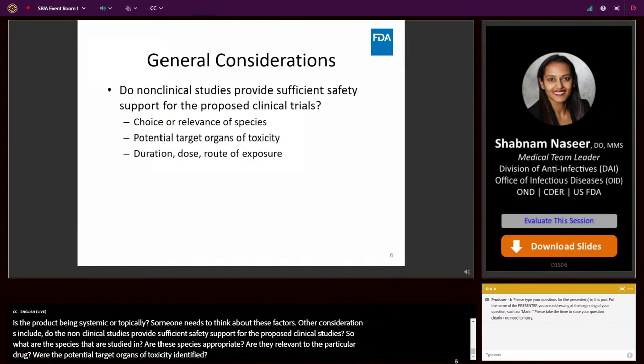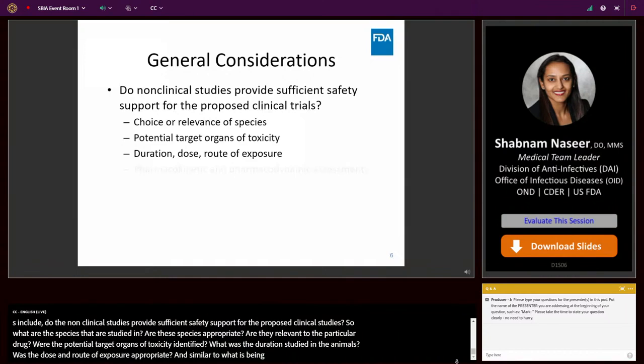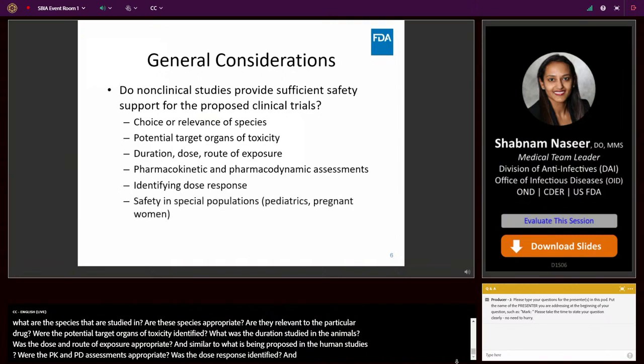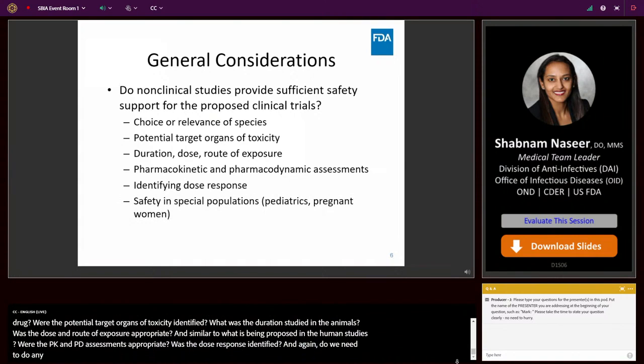Was the dose and route of exposure appropriate and similar to what is being proposed in the human studies? Were the PK and PD assessments appropriate? Was the dose response identified? And again, do we need to do any special studies in animals if one is planning to enroll children or pregnant women?